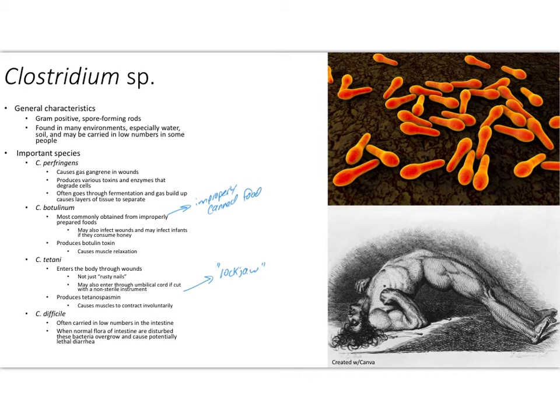In either or both of those cases, what can happen is the bacteria starts to grow in the intestine, produces these toxins that cause a lot of intestinal damage and lead to very large quantities of diarrhea that can be both bloody and yellow in color, and also, from what I've been told, has a very, very distinct smell to it. So it's something to be careful of.